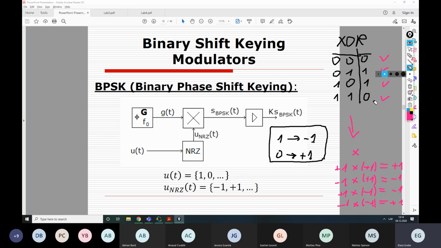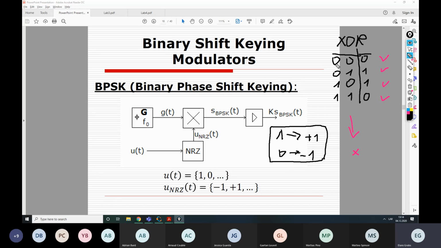Now, if we would assign it differently, that wouldn't work. So let's see. Assume that we are going to assign +1 to 1 and -1 to 0.